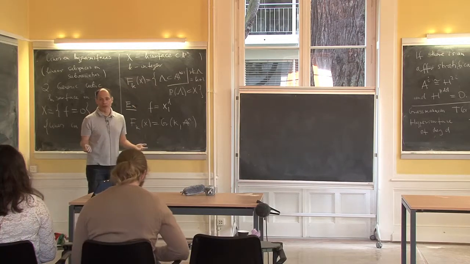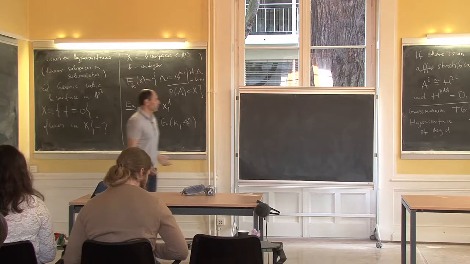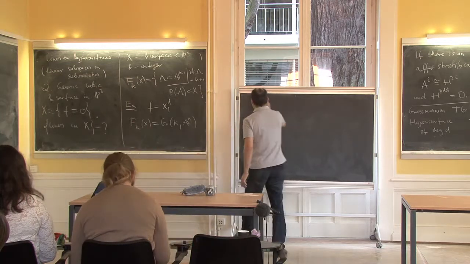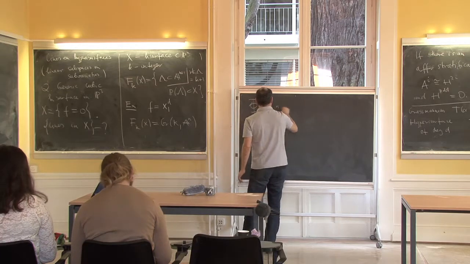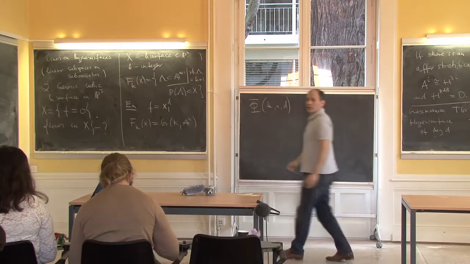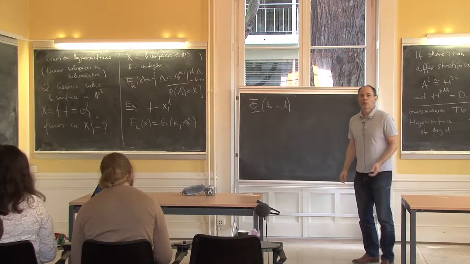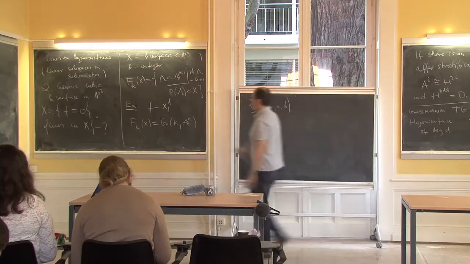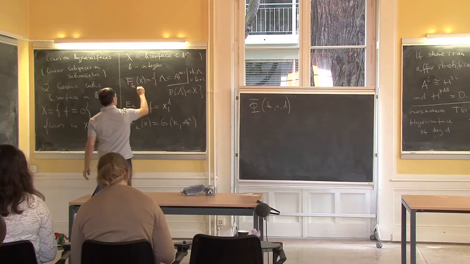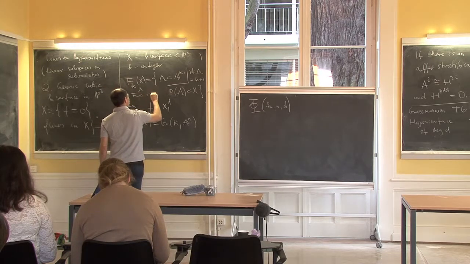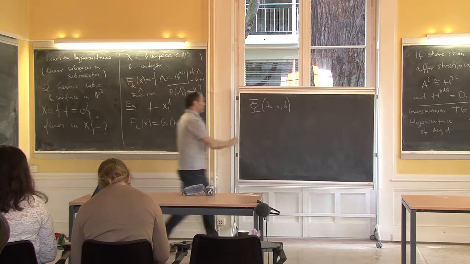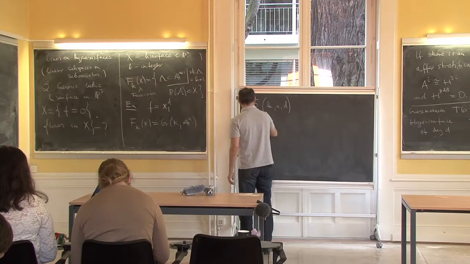And that thing turns out to be much, much simpler. Okay, so let's introduce this variety Φ_{k,d}, the universal Fano variety. That's why it's F. So this is the Fano variety, and now this is the universal Fano variety.